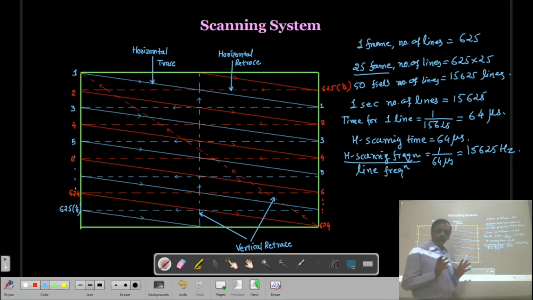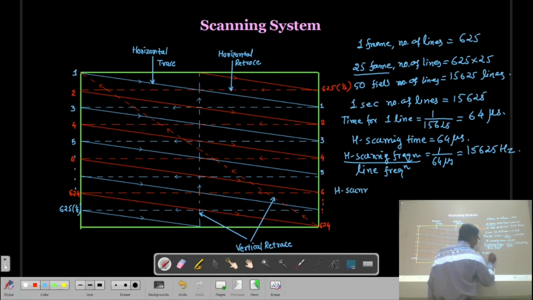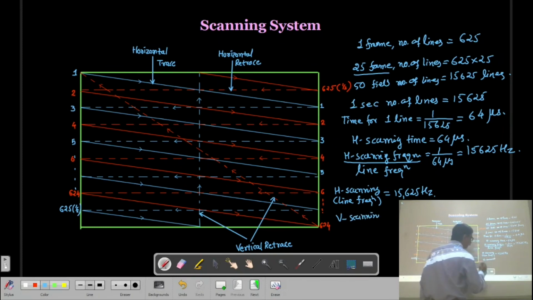So, two things you have to remember: in a television, there are two scanning frequencies. One is the horizontal scanning frequency, also known as the line scanning frequency, and that is equal to 15,625 hertz. The second one is the vertical scanning frequency, and it is known as the field frequency.